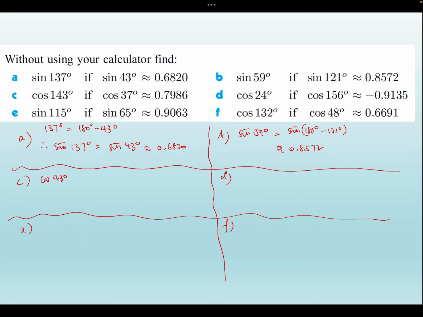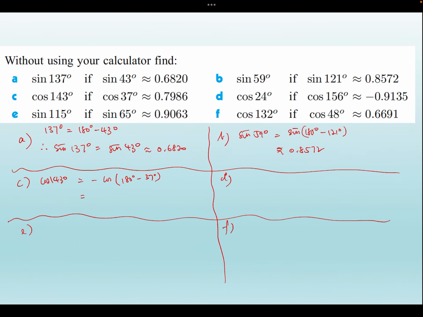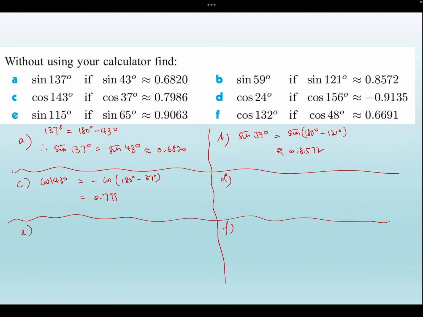Cos 43 degrees should be the same as minus cos 180 degrees minus 37 degrees, which means that would be 0.7986.